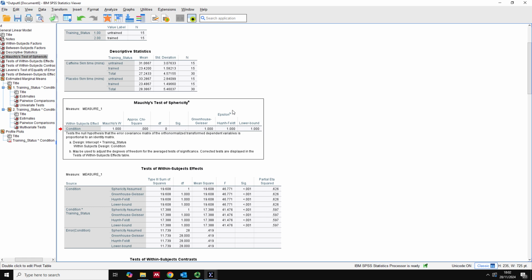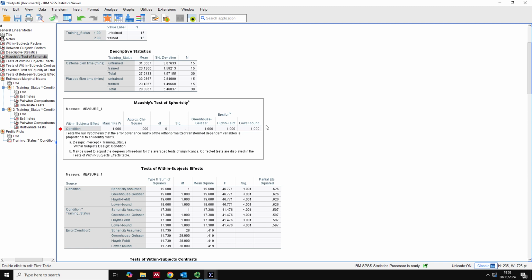We have Mauchly's test of sphericity then, which is another assumption check that we need to look at with an ANOVA, but fortunately in our case, because it's only a 2x2 ANOVA, this doesn't apply. This would only apply if our within-subjects factor, so for example, condition, caffeine and placebo, had 3 levels.